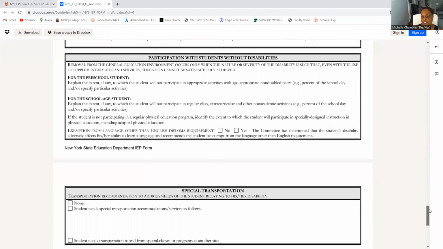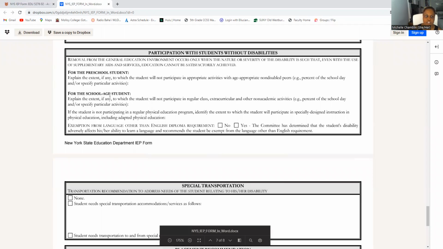Okay, participation with students without disabilities. So here, let's see what it says. It says removal from the general education environment occurs only when the nature or severity of the disability is such that even with the use of supplementary aids and services, education cannot be satisfactorily achieved. So for the preschool student, explain the extent, if any, to which the student will not participate in appropriate activities with age-appropriate non-disabled peers.